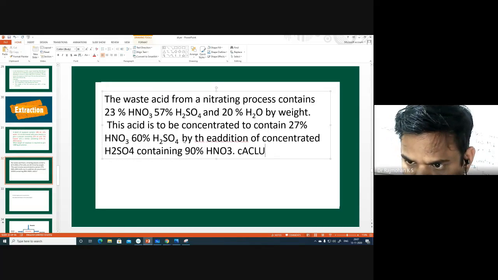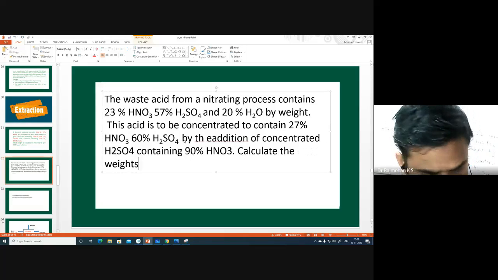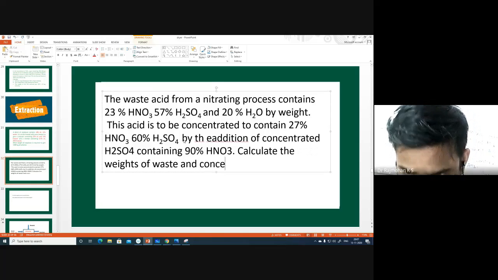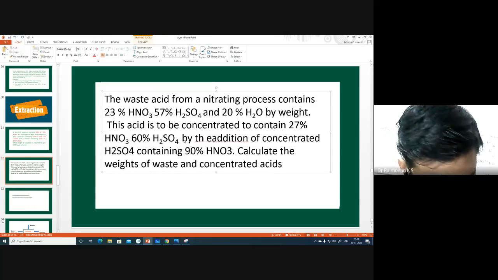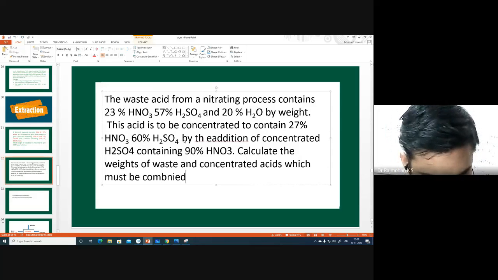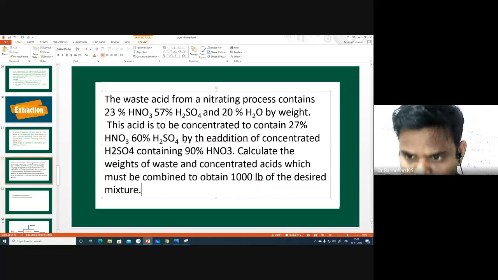Calculate the weights of waste and concentrated acids which must be combined to obtain 1000 pounds of desired mixture.